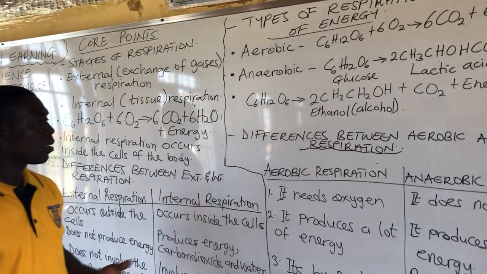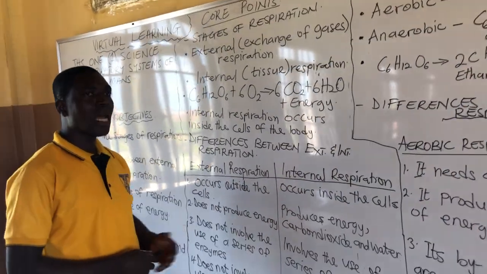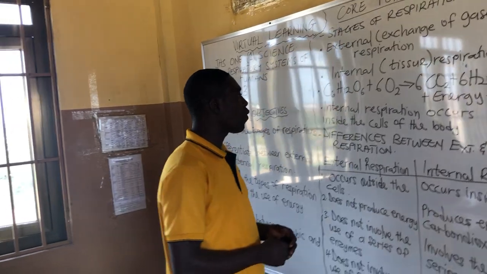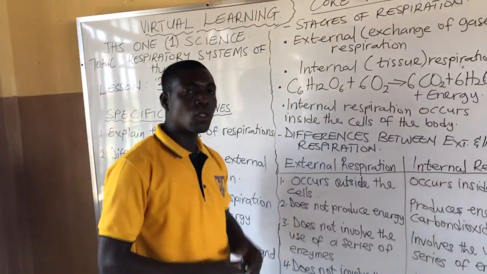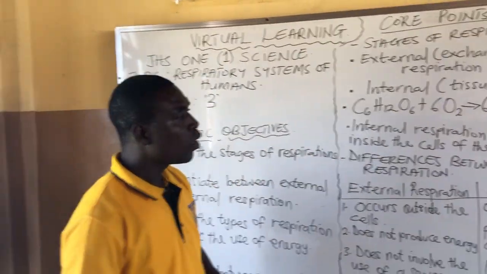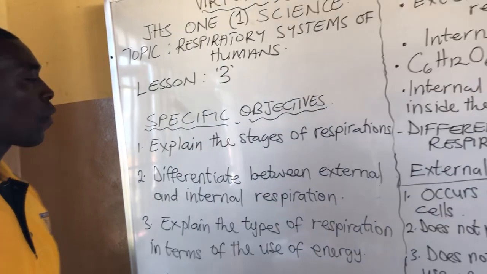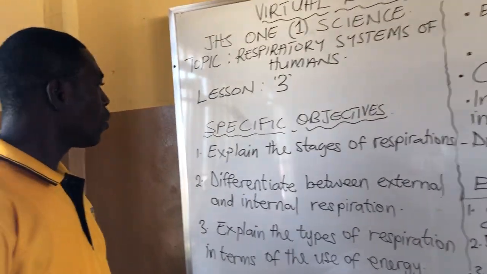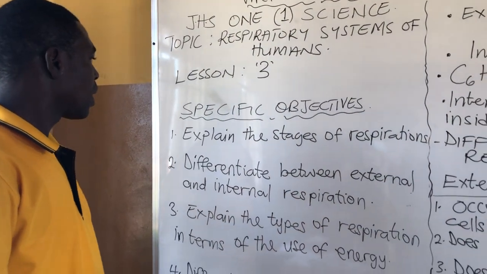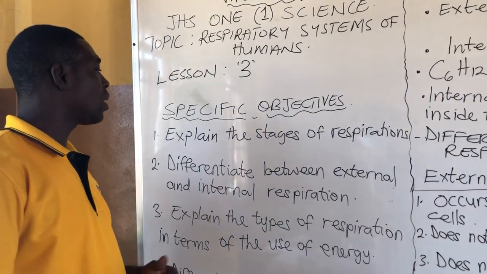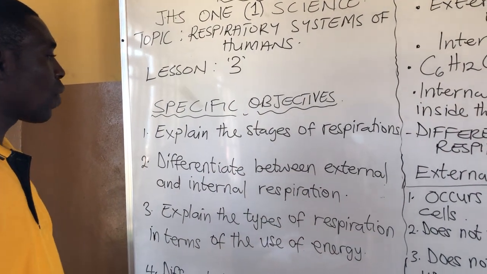And you know, as we are learning for something to better our lives, we are not just learning for learning's sake. Therefore, I urge you to continue to pay attention so that at the end of the lesson, you should be able to achieve the following objectives. You should be able to explain the stages of respiration. Two, differentiate between external and internal respiration.